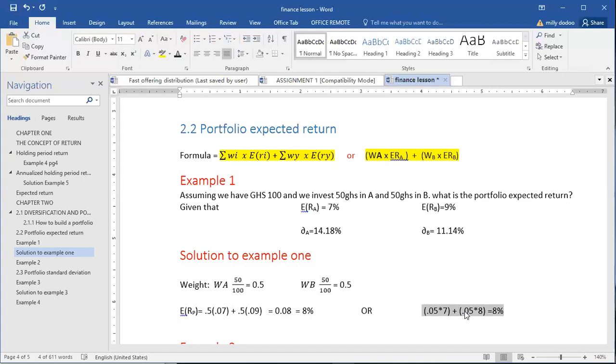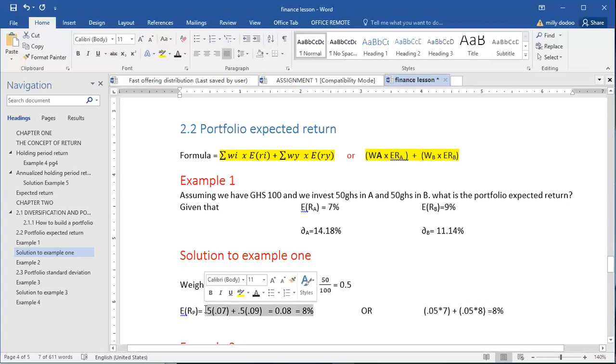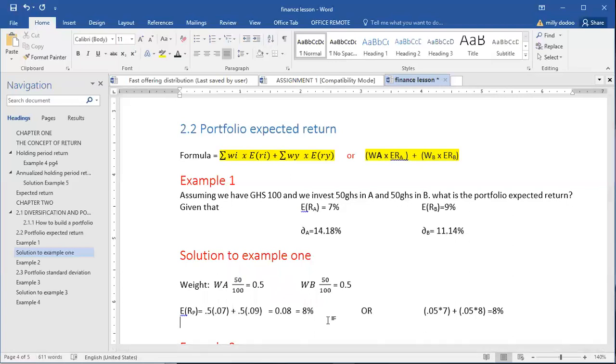I'll teach you all so that you go by whichever one suits you, because your understanding is paramount. Whichever one you are most comfortable with, go with that. But with me, I think this one is the best, because the chances of you making mistakes here are very, very low. So at the end of the day, we see that our portfolio expected return is 8%.